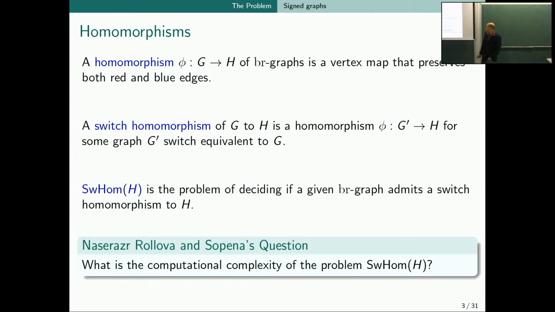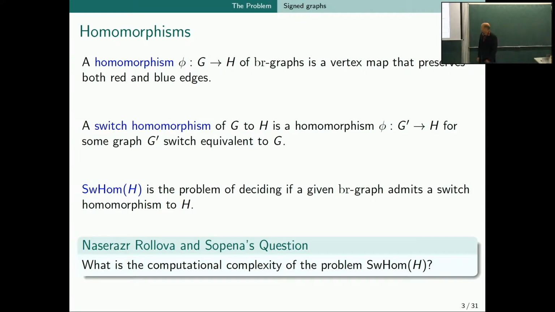So Naserasr, Rollová, and Sopena defined a switch homomorphism. So a switch homomorphism from a signed graph G to a signed graph H is a homomorphism from something that's switch equivalent to G to H, right? So to get a switch homomorphism, we switch and then take a homomorphism. Right?